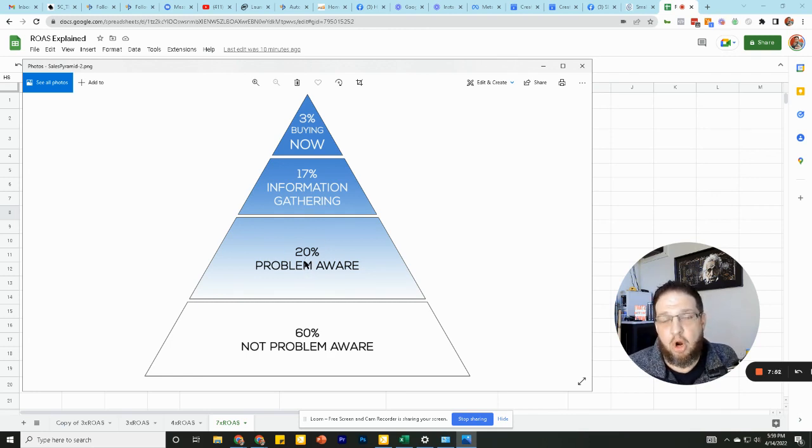20% of the people are problem aware. They're like, man, I'm stressed, right? Let's say I'm stressed and I want to go have a drink at a nice bar. So they're problem aware, but now they need to look around. They know that they have this problem. They're like, I'm just feeling stressed. And now you start showing ads of people having fun and de-stressing at your bar.